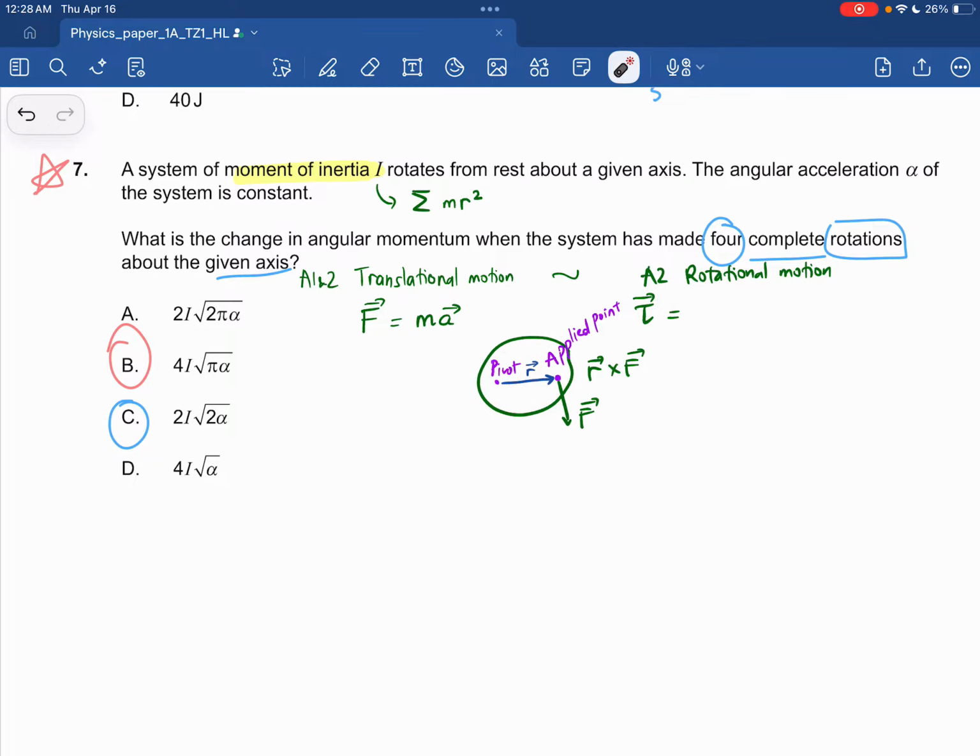If you determine the pivot point, at this mass m1 you have a radius vector r, then you have another mass m2, which also has its own radius r. So you take the collection of all the little m's, multiply each by the square of its radius, and sum them, which represents the moment of inertia, the inertia in rotational motion. So the mass is similar to the I in rotational motion.